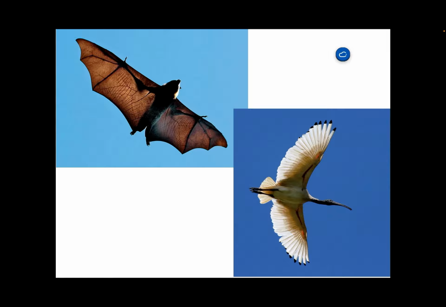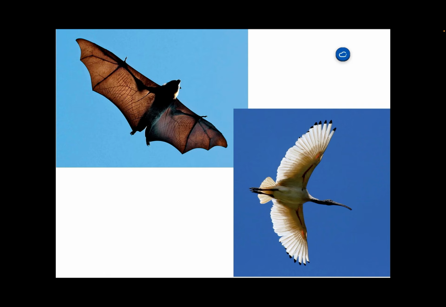anatomical structures. So in the case of bat wings, for example, the lifting surface is provided by a thin membrane of skin. And the skin is stretched out between the bat's finger bones. These are like the bat's hands. So the bat is flying around with great big jazz hands like that.